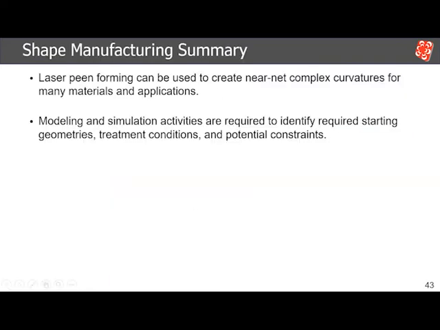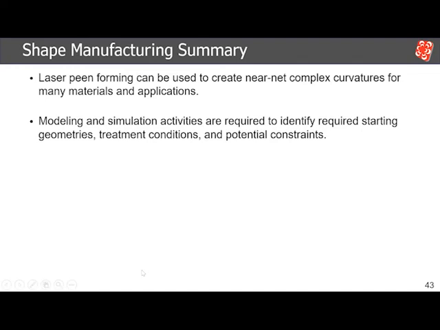So as a summary, with laser peen forming, we can create near net shape products just from laser peen forming. This is pretty revolutionary. It's a relatively new technology, but something that's going to be seeing a lot of growth in the future.